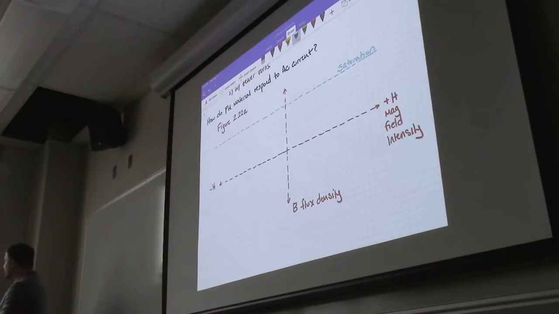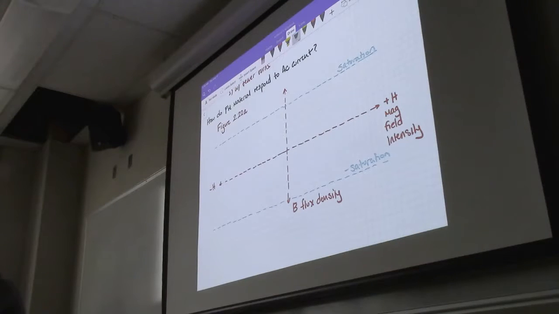And we have a corresponding saturation on the negative end. So I'll call this minus saturation.